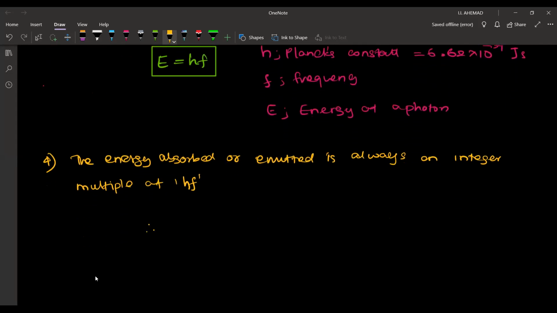So according to that, delta E, that is the absorbed energy, is equal to N times hf, where N is equal to 1, 2, 3, and so on.